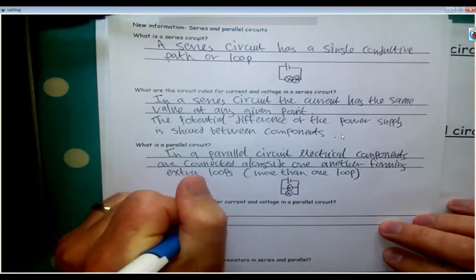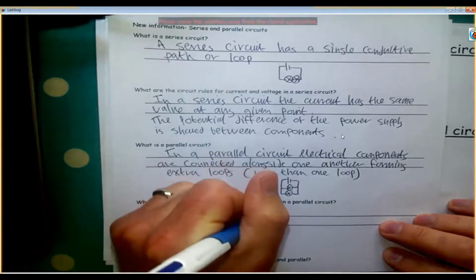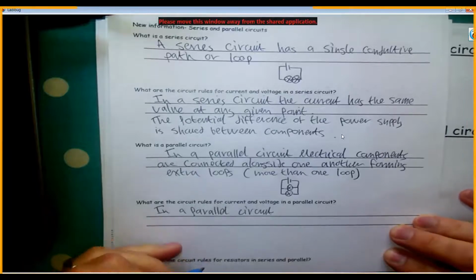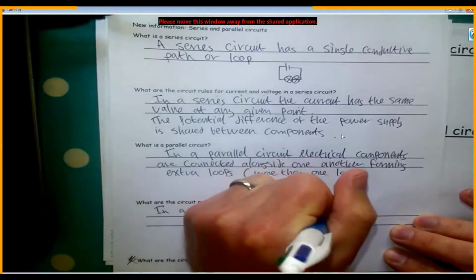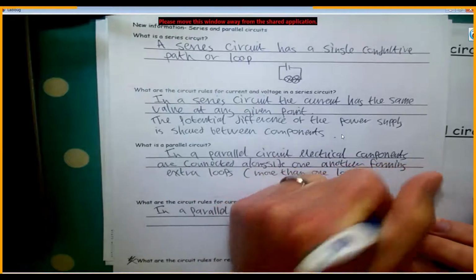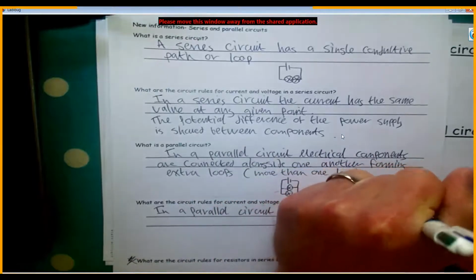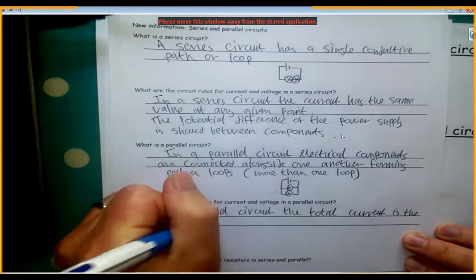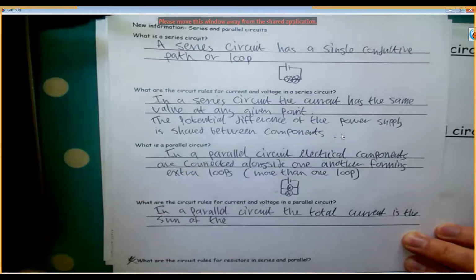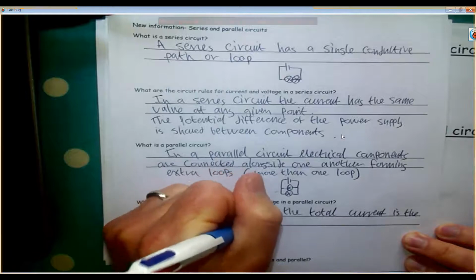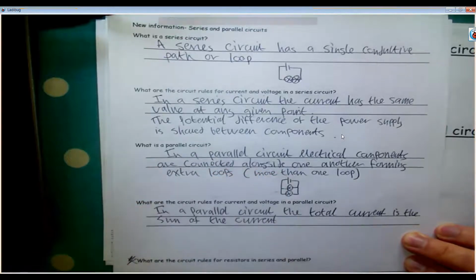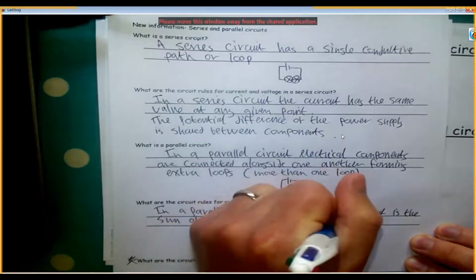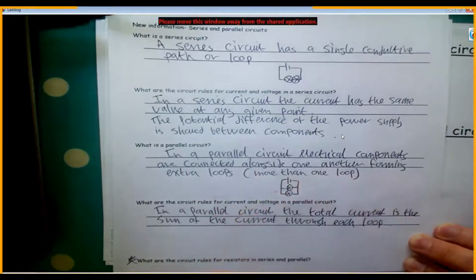In a parallel circuit, the total current is the sum of the current through each loop.